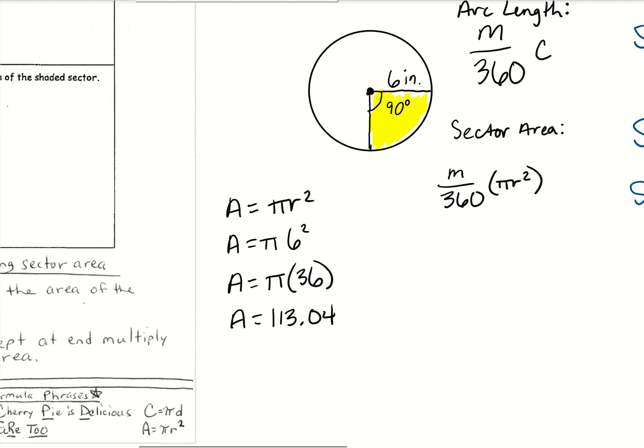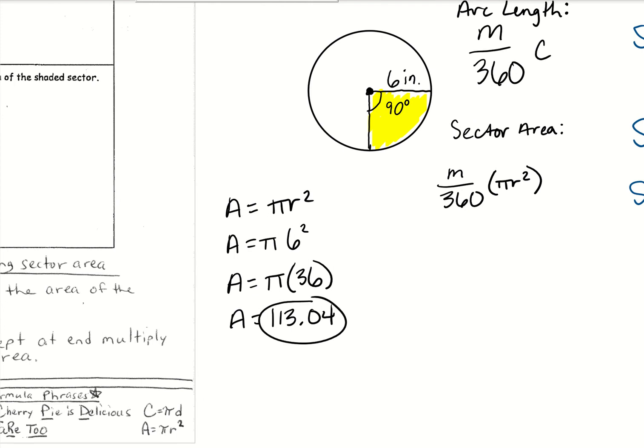So we've got area equals 113.04. I'm going to take that and plug it in right up here. Now I'm going to have m over 360 times 113.04. Once again, I'm going to plug in for m my angle measure, which is 90. Then I'm going to do that quick math. 90 divided by 360, I know, is 1/4 or 0.25.